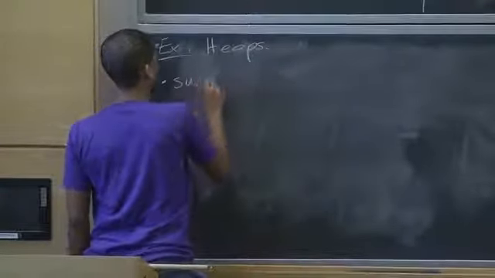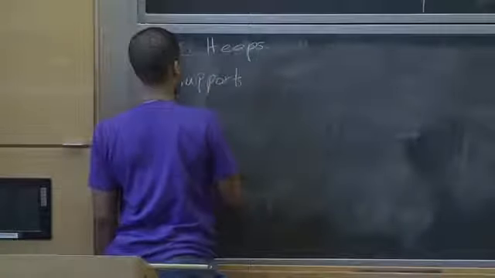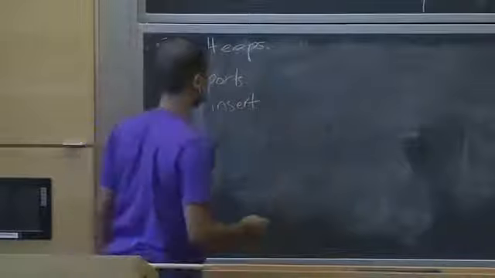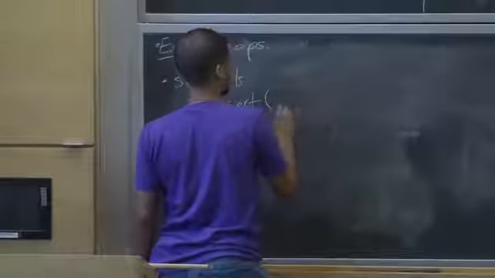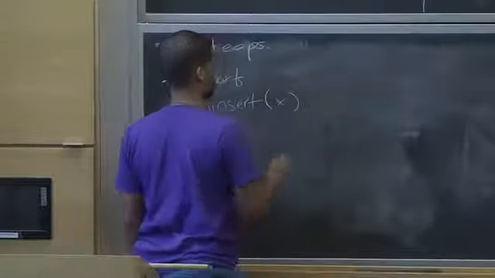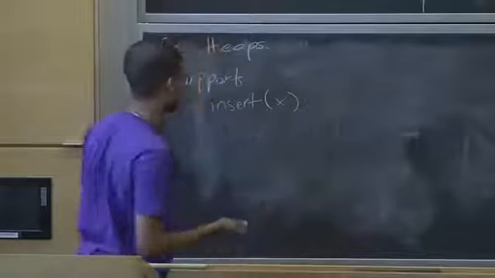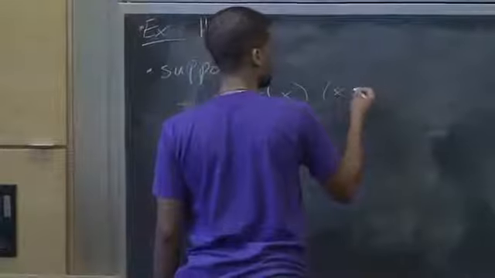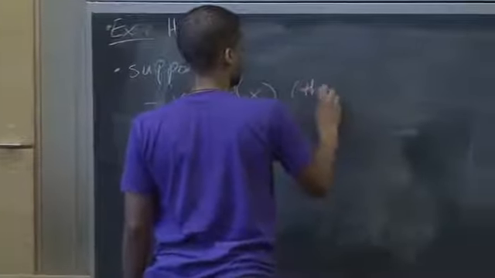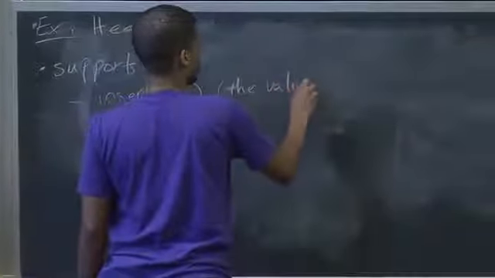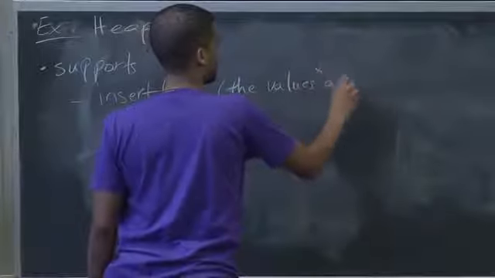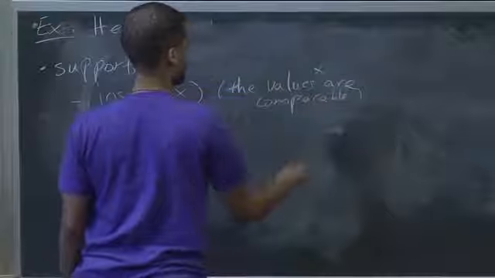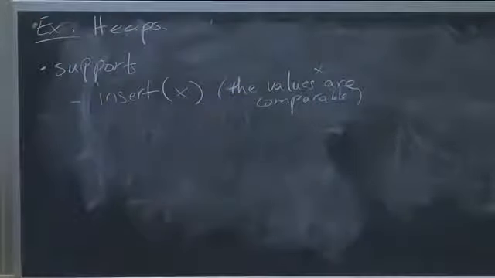It supports insert x, where it just inserts into the data structure. The values x are comparable, so you can do less than and greater than on x's. There's some total ordering on them.